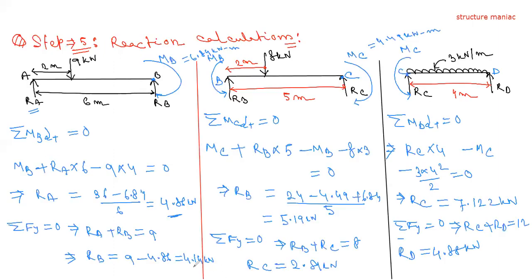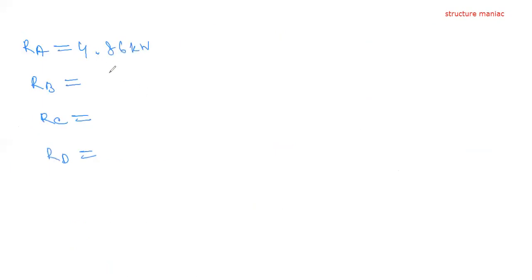What will be the value of RB? The value of RB will be the summation of the RB we got from span AB and the RB we got from span BC. So 5.19 plus 4.14, that comes as 9.33 kilonewton.